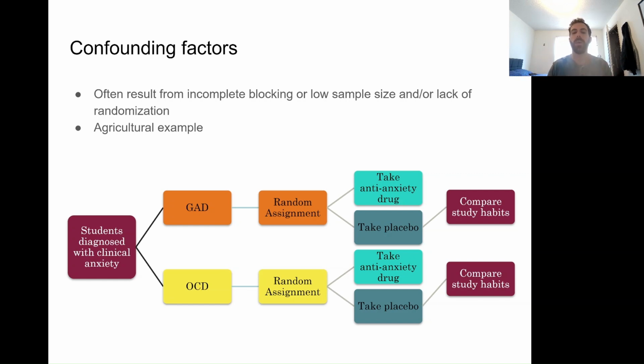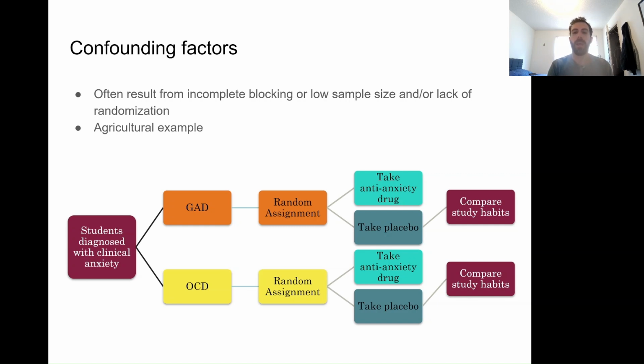So we block those people into two distinct subgroups, and we randomly pick people from each and assign them to either take the placebo or the new drug that's been developed, and then compare the study habits either within the two groups or across the two groups to see if they're different.